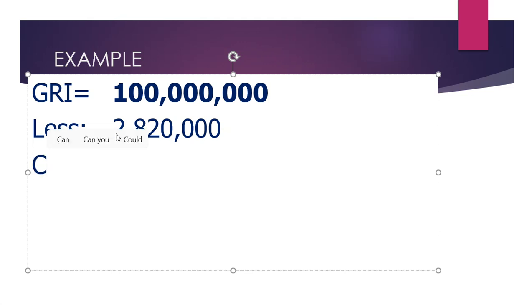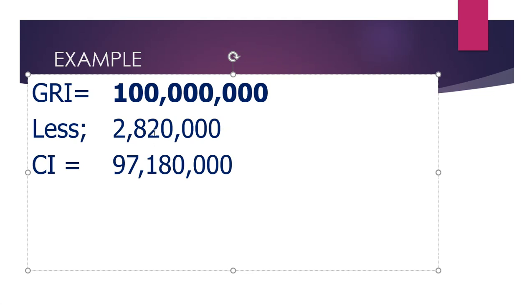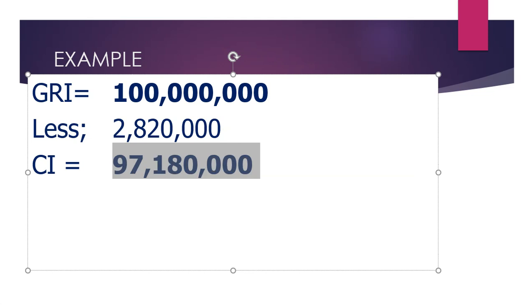The chargeable income will be 100 million minus 2.82 million, which gives 97 million, 180 thousand, that is 97,180,000. So this is the chargeable income.